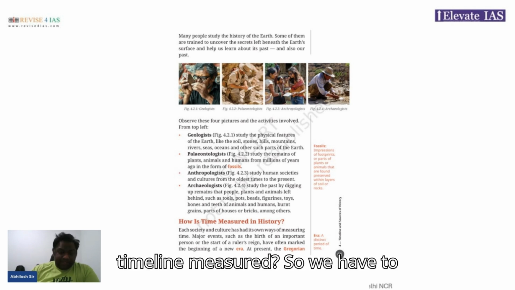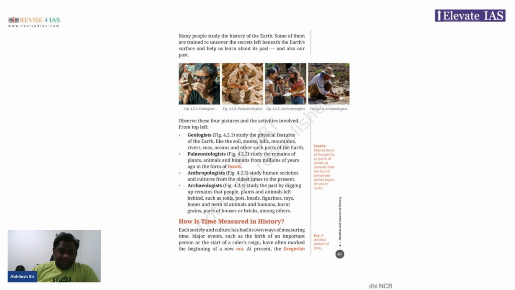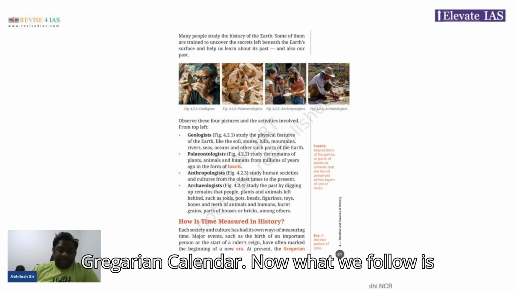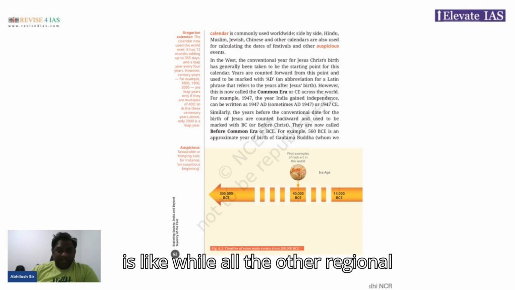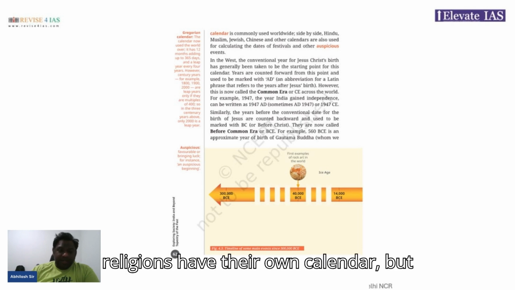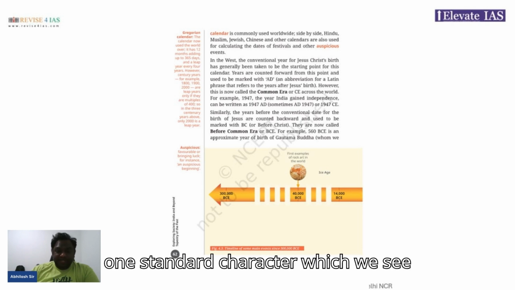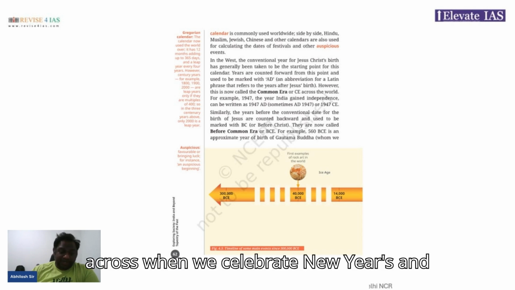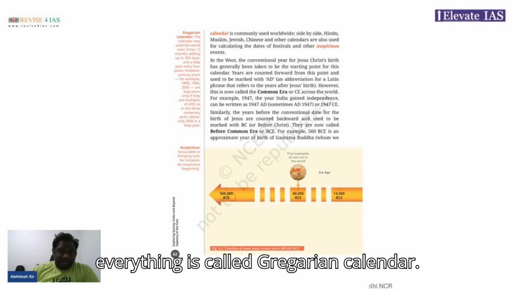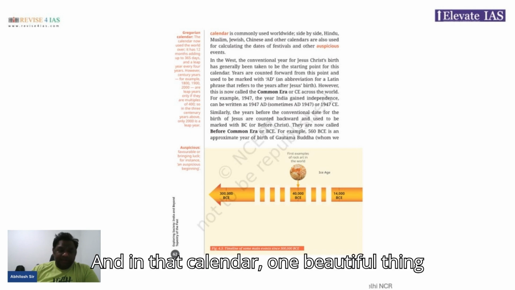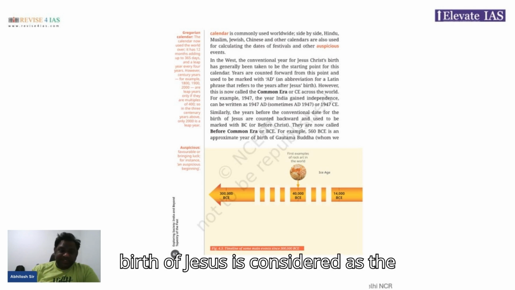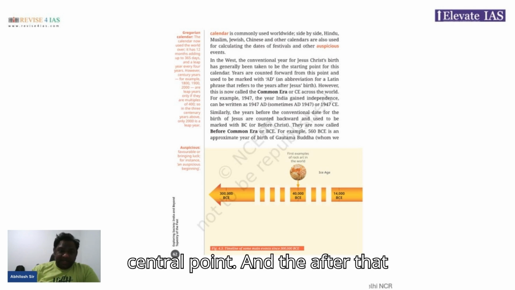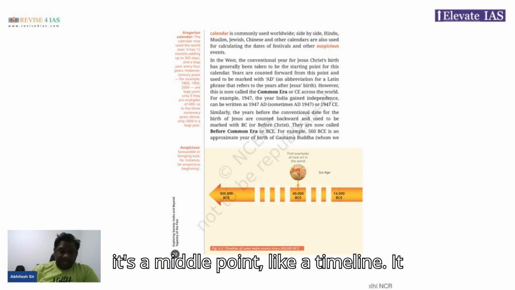How is the timeline measured? We have to understand the Gregorian calendar. While all the other religions have their own calendar, one standard calendar which we see across, when we celebrate New Year and everything, is the Gregorian calendar. In that calendar, the birth of Jesus is considered the central point, like a timeline.